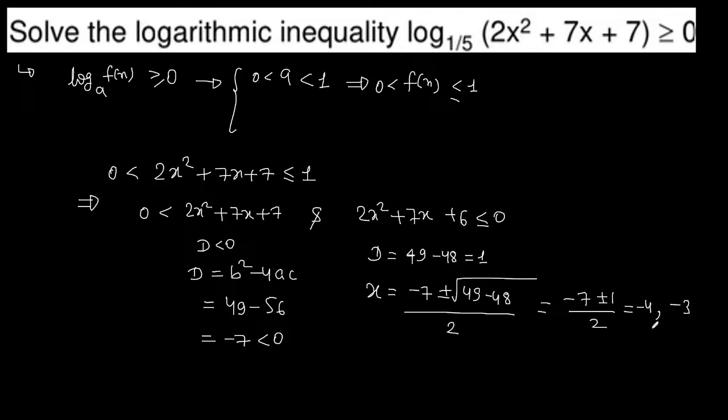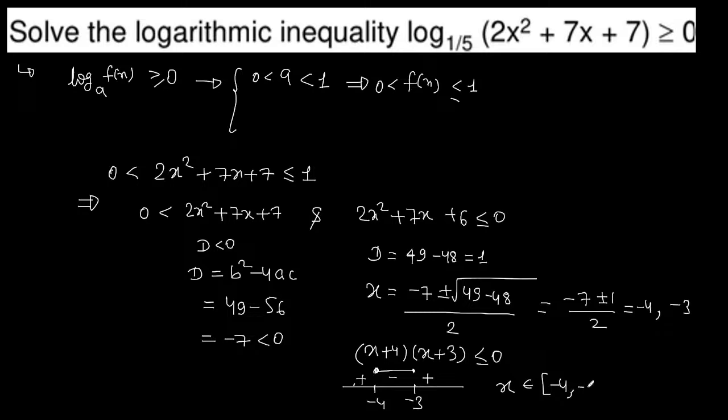Okay. So it is nothing but x plus 2, x plus 3 less than equal to 0. We are getting two numbers, which is minus 2 and minus 3. We'll get the negative part. So x is between the bigger bracket minus 3 to minus 2 bigger bracket.